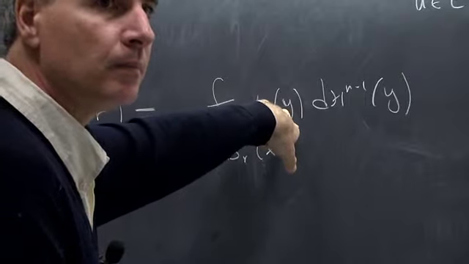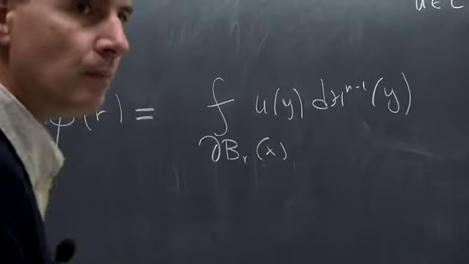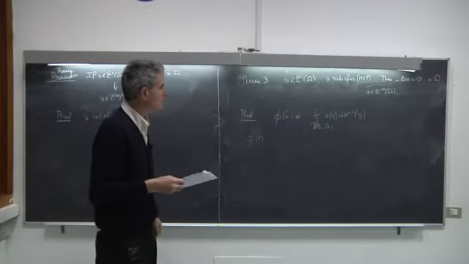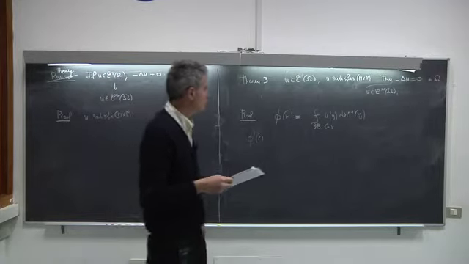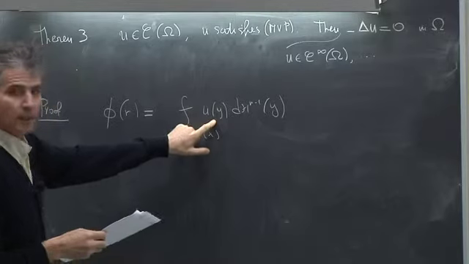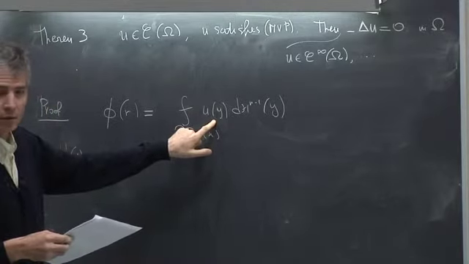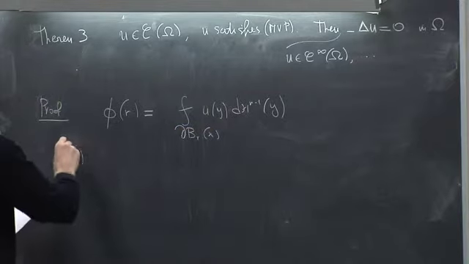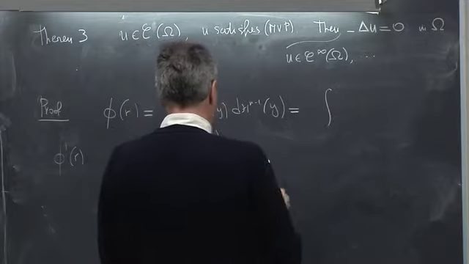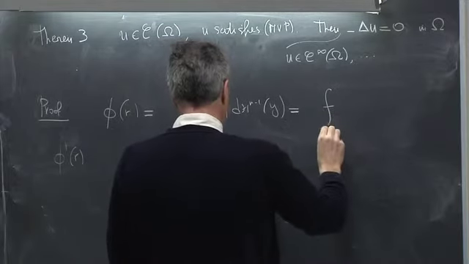Because of the mean value theorem, it is equal to u of x, and that's why it's equal to 0. But still, let me compute this. So I rewrite this as follows.